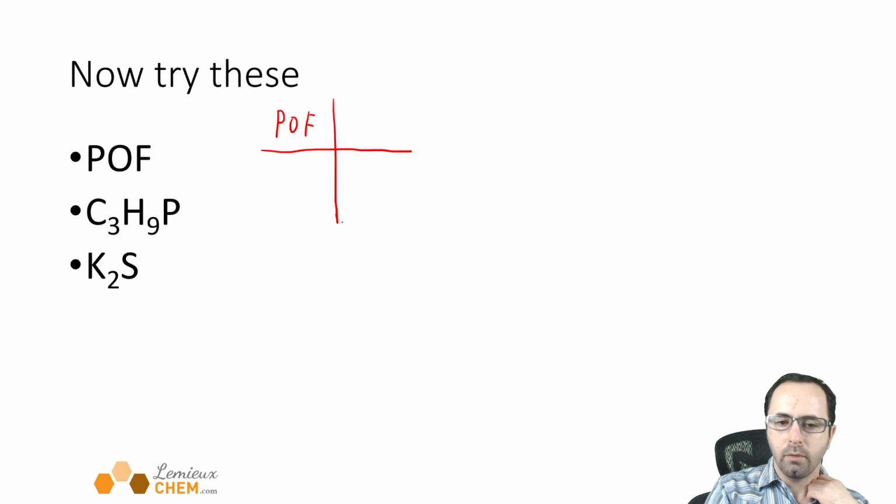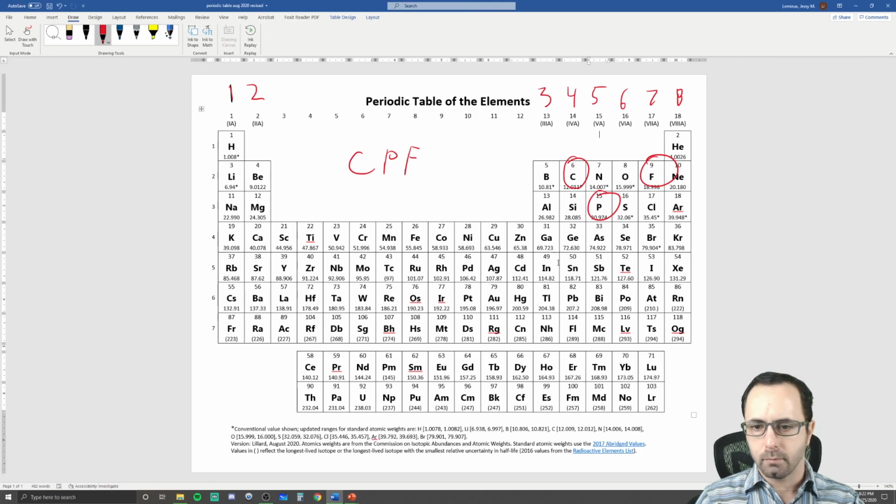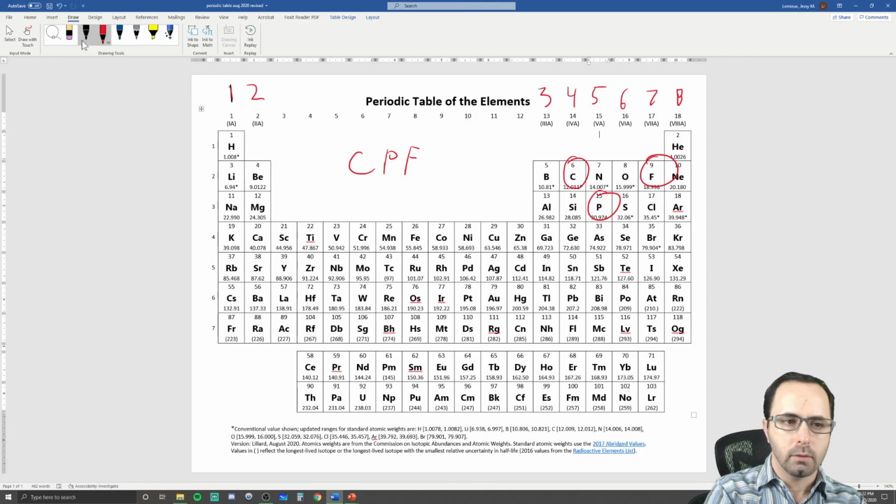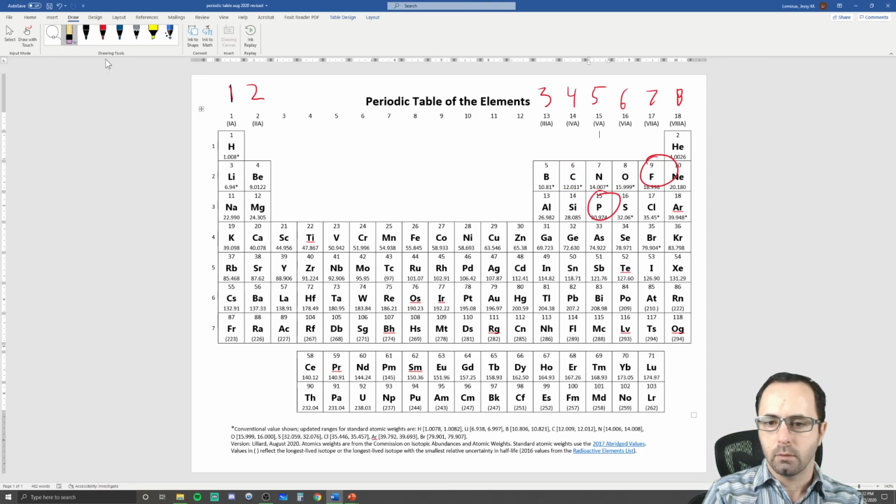So POF, it's got 1 phosphorus, 1 oxygen, and 1 fluorine. Let's get our valence electrons, let's get our covalence number. So we're doing POF here.